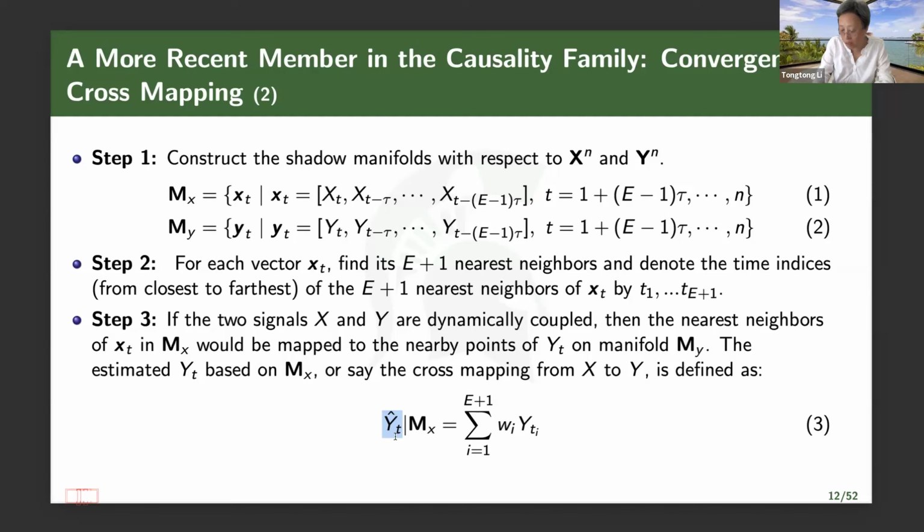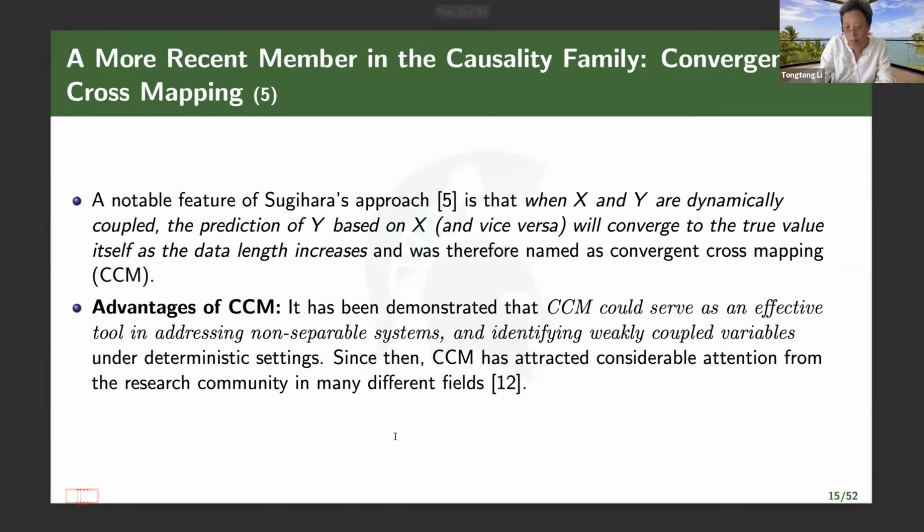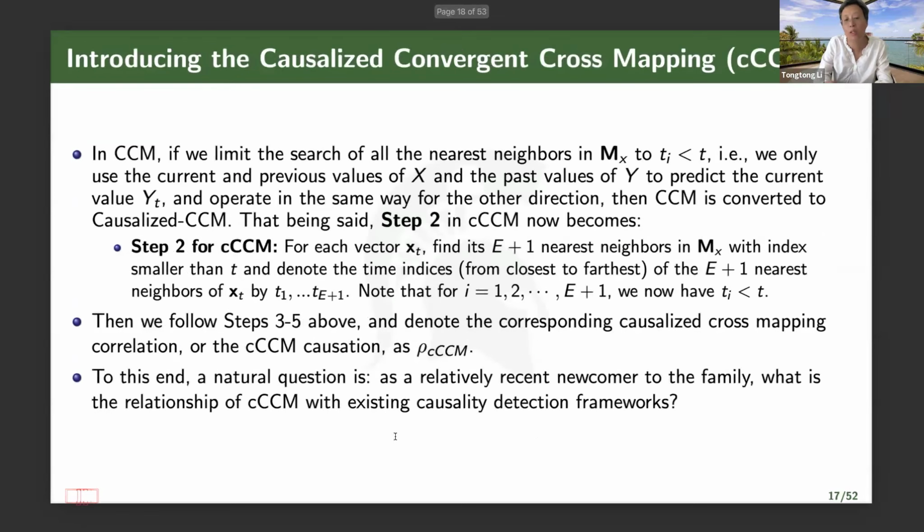So that is why we introduce the so-called causalized CCM. This is a small modification so that we limit CCM to only use the current and previous values of X to predict the future values of Y. We do not use the future values. What is the benefit of doing this?